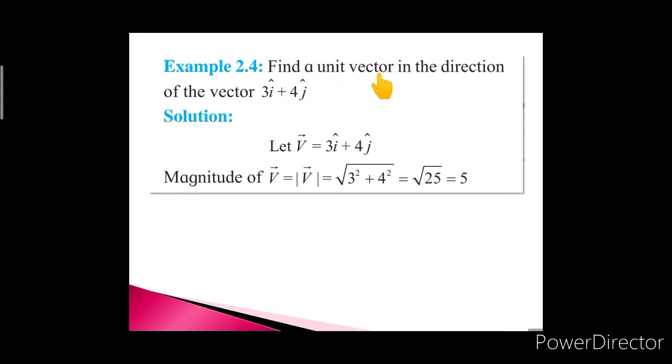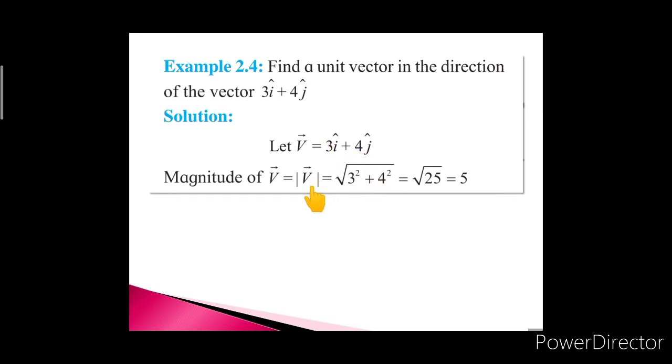That means first of all we should know the magnitude of this vector v. So first let's determine the magnitude of vector v, written as modulus of vector v is equal to, for determining the magnitude of any vector, the square root of the sum of squares of the components in the given directions.